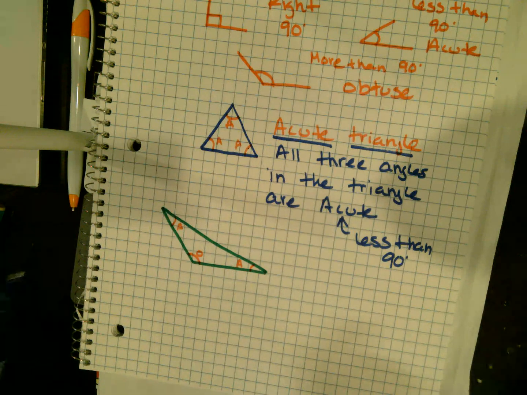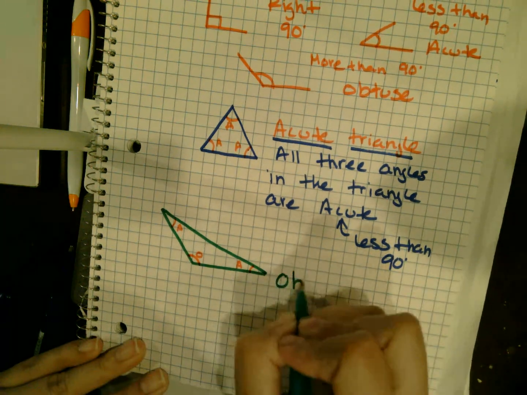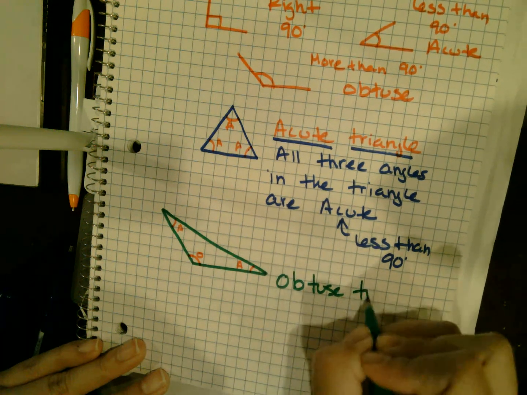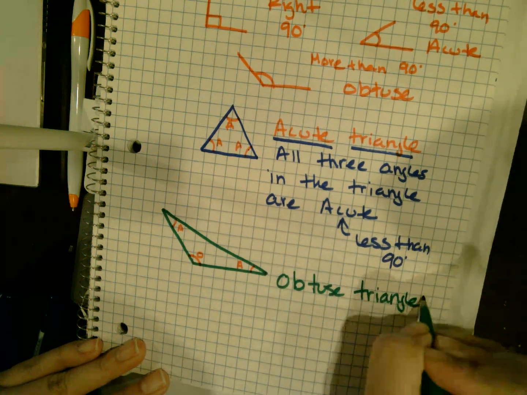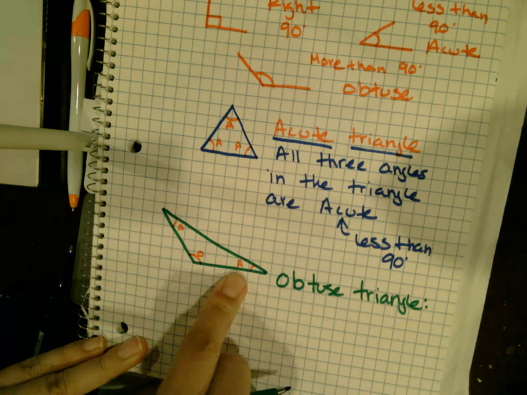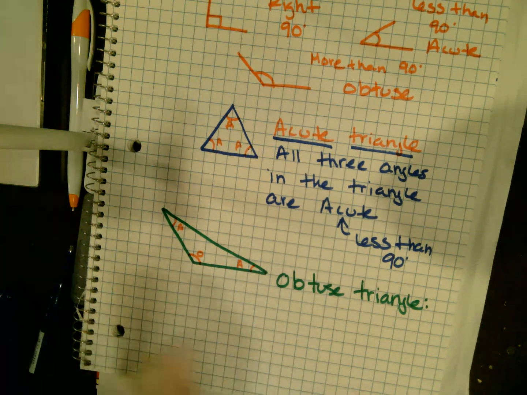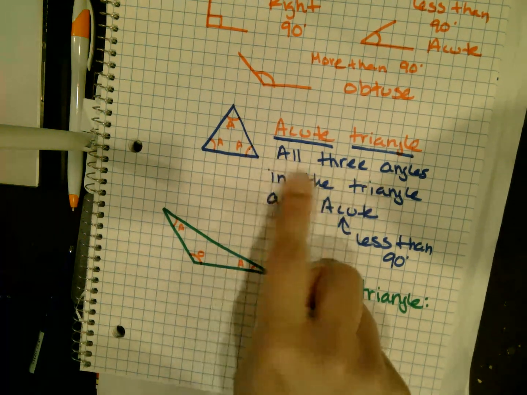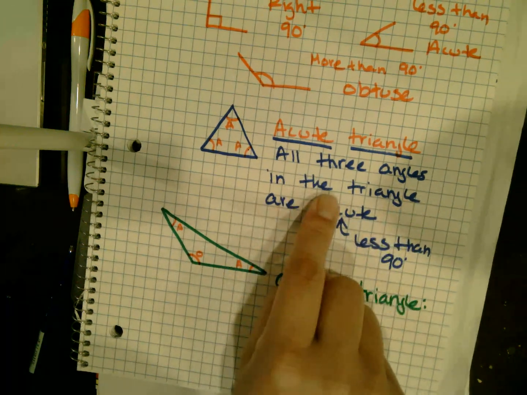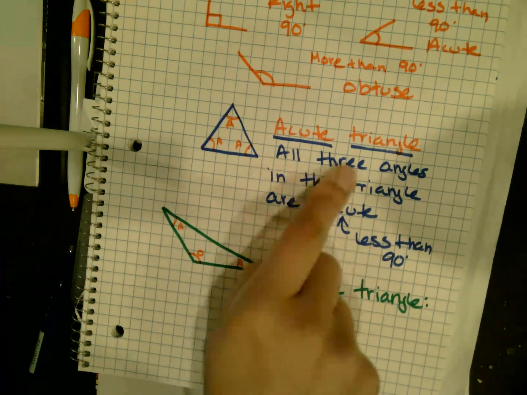Well, what we call it is literally, we're going to call it an obtuse triangle. But wait, Miss Lamelli, there's two acute. Why wouldn't it be called acute? Well, in order to be an acute triangle, all three angles need to be acute, all three of them.